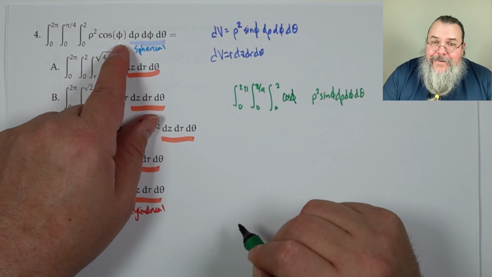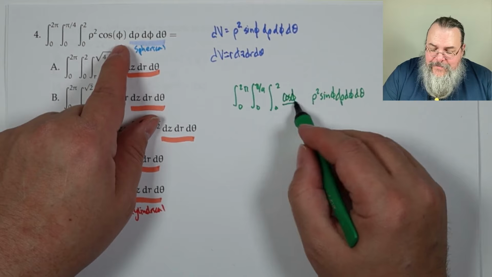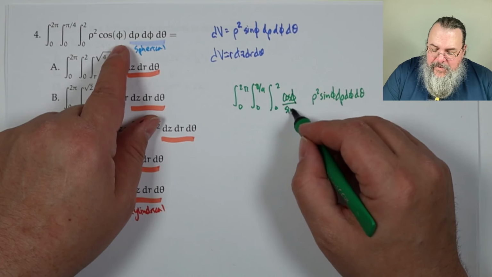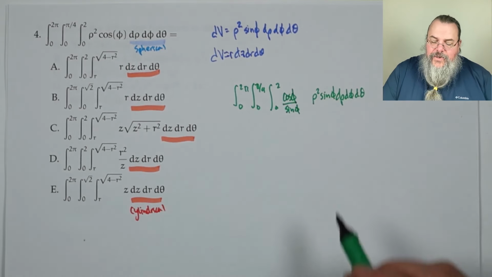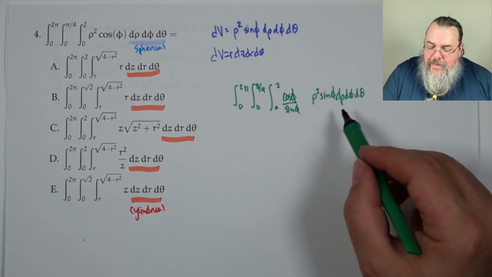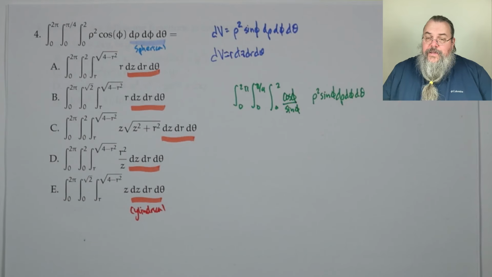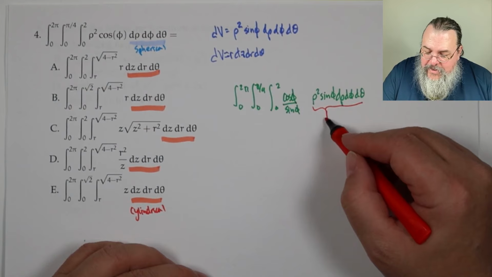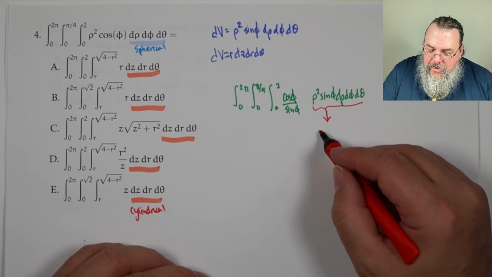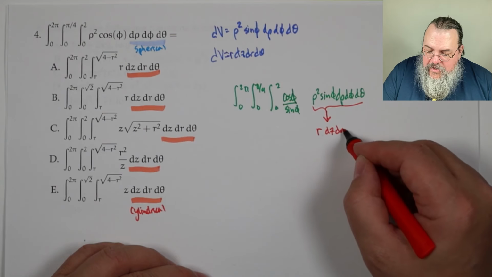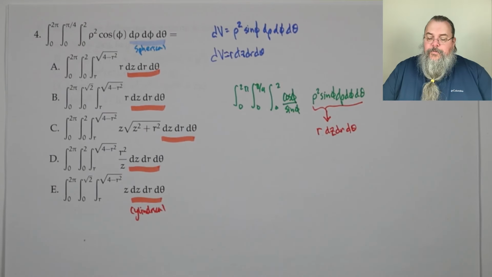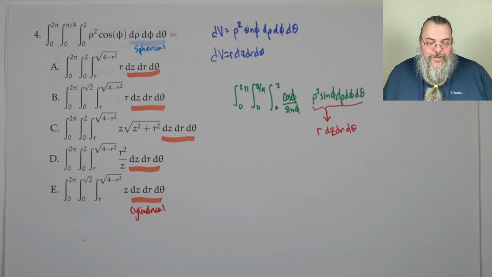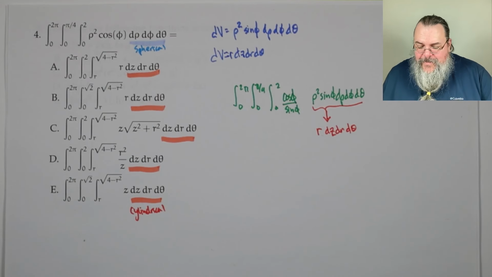What else have we not accounted for? Well, we haven't accounted for the sine that we put in. So if we put it in, we have to somehow also balance it out. So this is our dv, and we say, okay, that's cool. So that here, this is going to become our r dz dr d theta. But what does cosine phi over sine phi become? Ooh, now that's an interesting question.